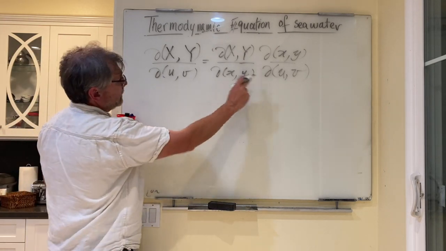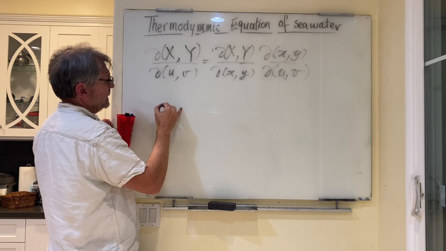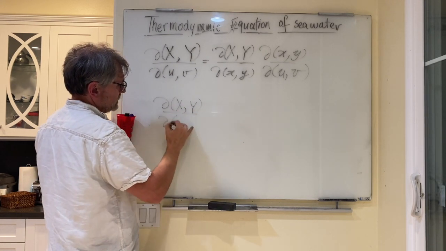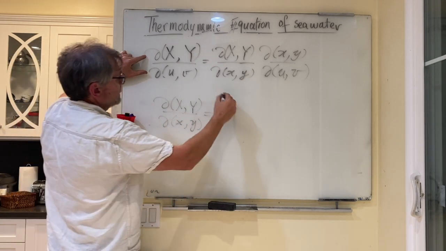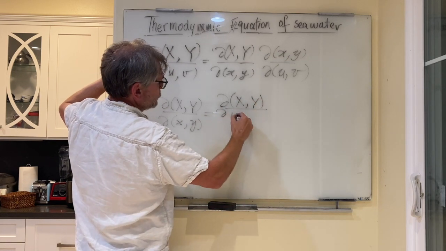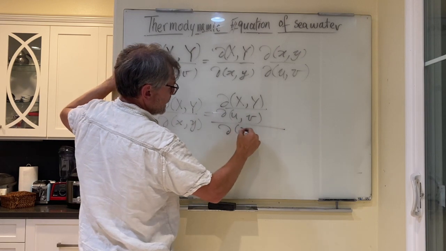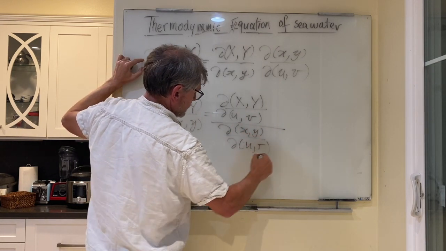We can write it like this. If I divide by this scalar, what I get is that the Jacobian of big X, Y with respect to little x, y is equal to the Jacobian of big X, Y with respect to u, v, all divided by the Jacobian of little x, y with respect to u, v.